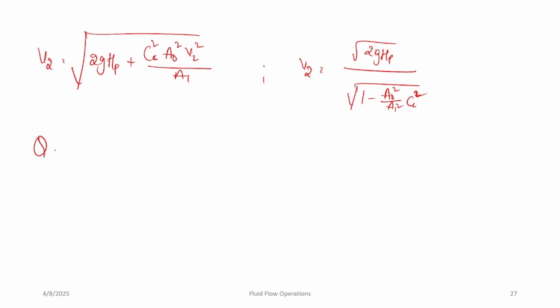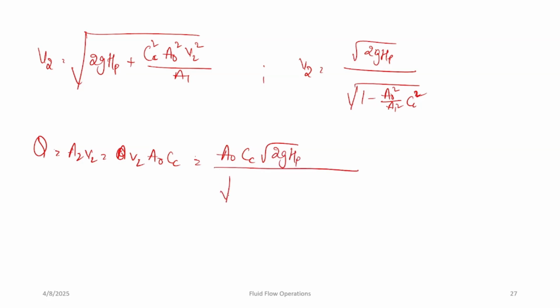So Q will be equal to A2 into V2, which is again V2 into A naught into CC. Okay, so this will give us A naught into CC into square root of 2g HP by square root of 1 minus A naught square by A1 square into CC square. Okay.